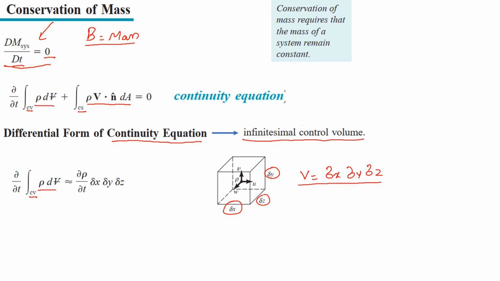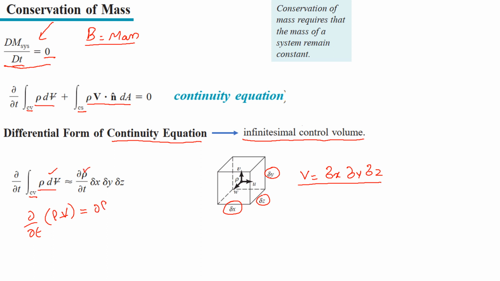Applying this integral over dV, we get partial over partial t of rho times the volume. Our concern now is the change in mass, so this partial over partial t term will be applied on the density.